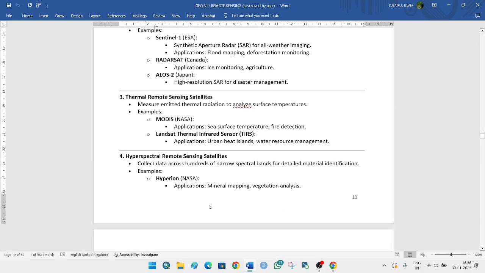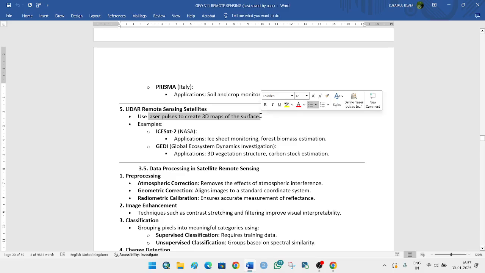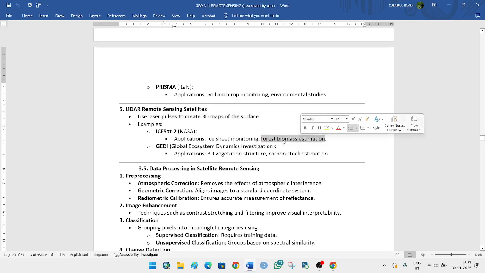So 220 bands can give you very detailed information about like maybe type of minerals, rock types, like that. Then this is the remote sensing satellite. It uses the laser pulses to create 3D mapping of the surface. Very important for the forest biomass estimation or the urban planning.